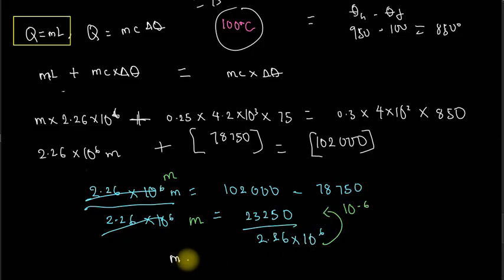So if we say m is equal to 23,250 times 10 to the power minus 6, 1, 2, 3, I can just leave it here. So 3, subtract 3 from 6, we are left with 10 to the power minus 3.